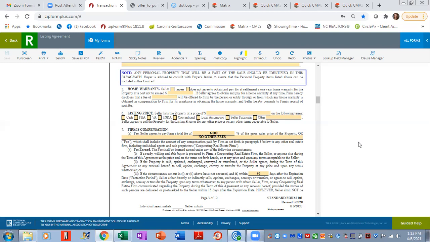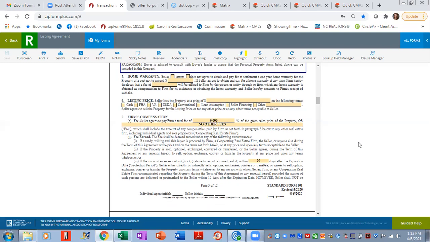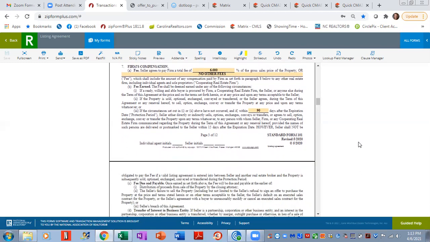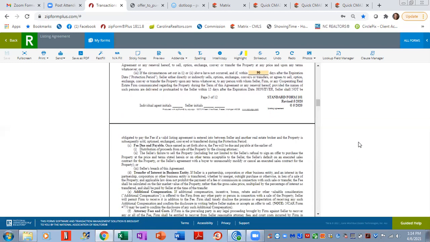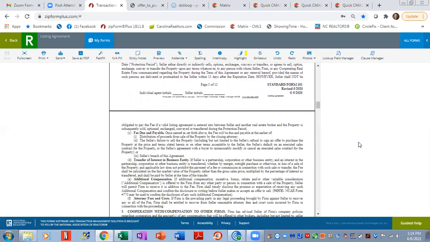And also the compensation is negotiable, so you can change that. All right, so just remember that the protection period, I like to default to 90 days. That means if the house has been shown during the time you had it and it sells to someone who saw the home while you had it listed, up to 90 days, then they're entitled to pay you the commission.